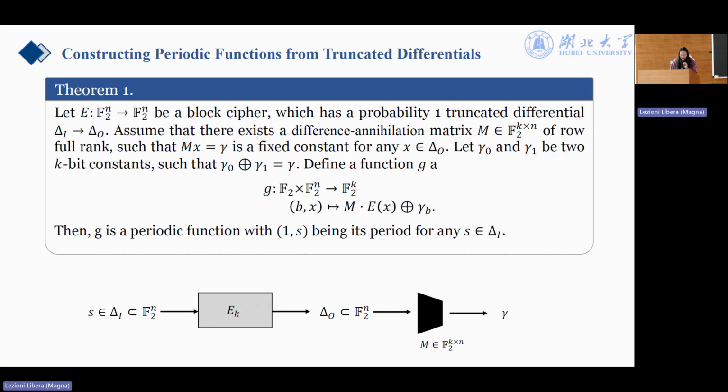So we can prove theorem 1. If a block cipher E has a truncated differential with probability 1, from I2 to O, and O has a difference and elimination matrix, then we can construct a practical function just like this form.